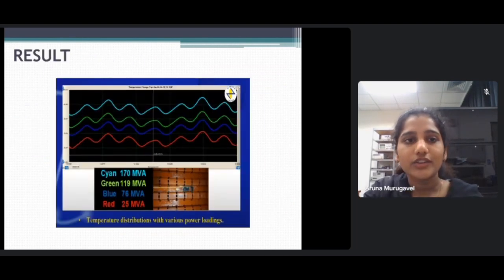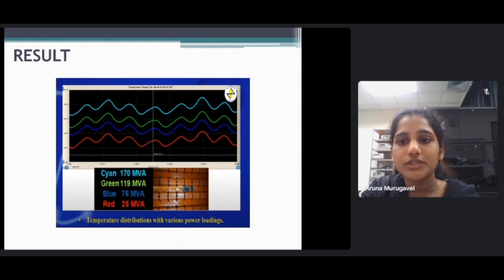The generator test results: when testing, the distributed sensing profile, that is BFS, aligns closely with the airflow temperature, while the RTD shows a higher localized reading.